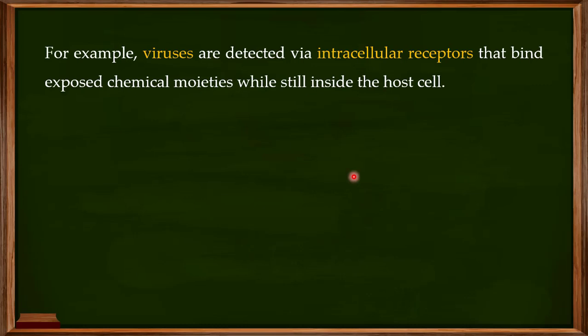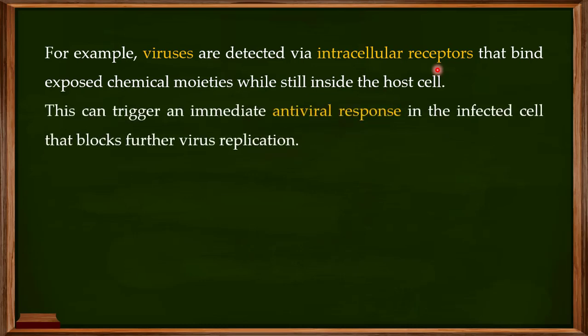If you talk about the viruses, they are detected via the intracellular receptors that bind the exposed chemical moieties while still inside the host cell. What that means is that if you are recognizing a PAMP inside the host cell, you need a specific immune response. So in case of the viruses, if there is an interaction between the PAMPs of the virus and the PRRs of the host cell, the PRRs in this particular case would be the intracellular receptors.